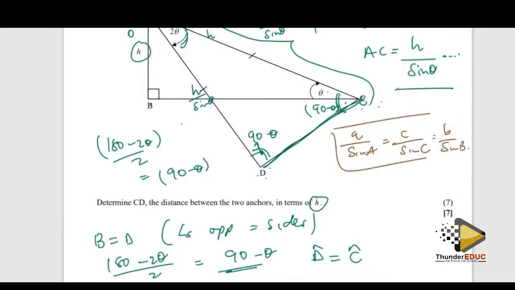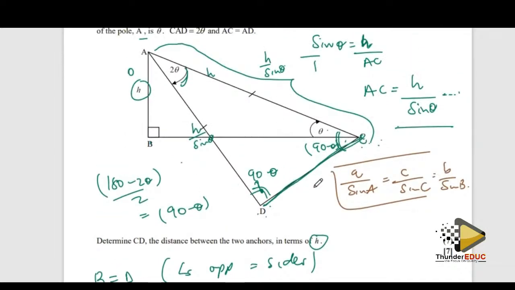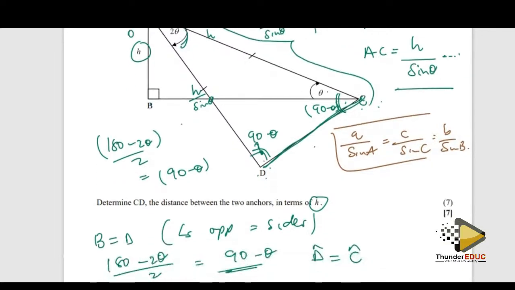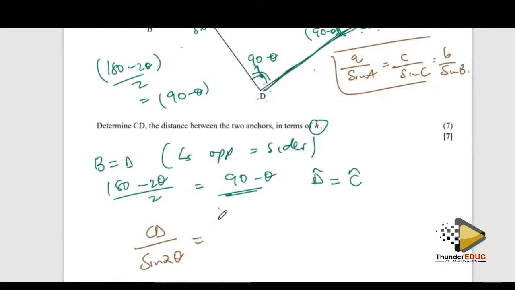So I'm going to say CD over the sine of 2 theta must give me, either this or that, it doesn't matter, so let me use AB, which is h over sine theta, divided by the sine of 90 minus theta.